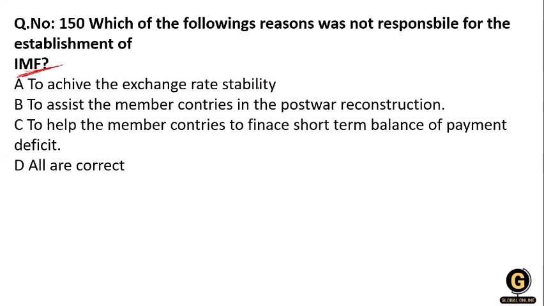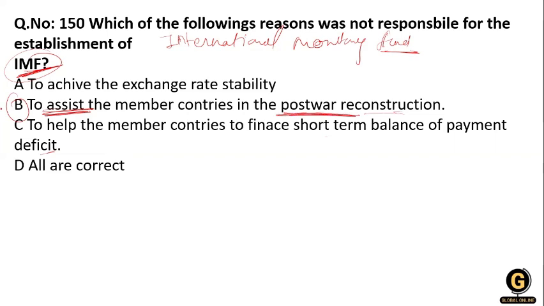A, to achieve exchange rate stability; B, to assist member countries in post-war reconstruction; C, to help member countries finance short-term balance of payments deficit; or all of the above. The IMF is the International Monetary Fund. It helps member countries finance the short-term balance of payments deficit, and it assists with post-war reconstruction. So option B is correct here.